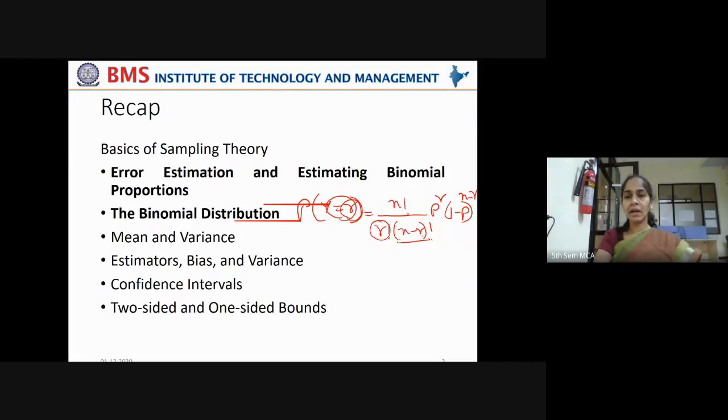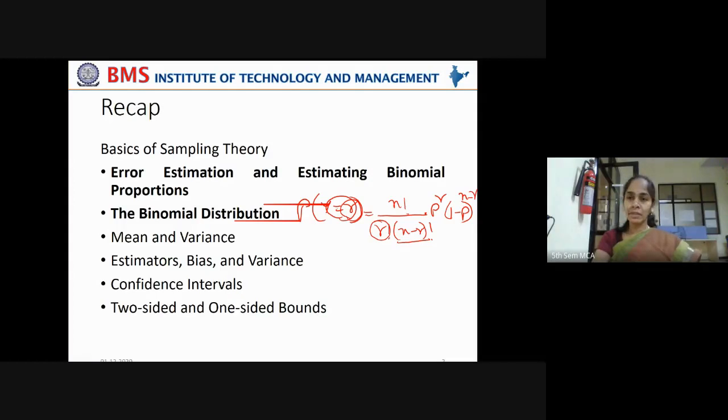That is multiplied by p, the probability of head turning up in a single coin toss, raised to the power of r, the number of times head is observed out of n coin tosses, into 1 minus p, the probability that head didn't occur, which means tail occurred, raised to the power of n minus r, the number of times tail has been observed.